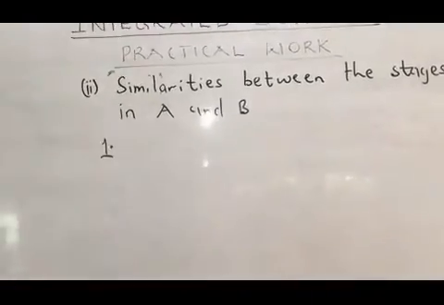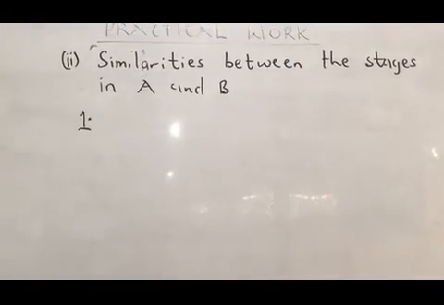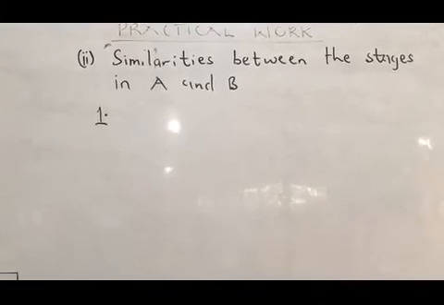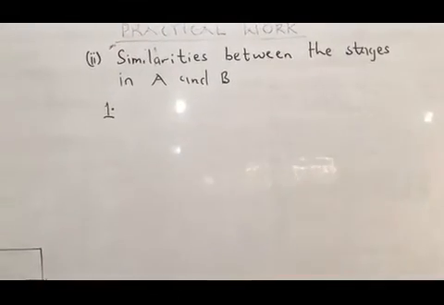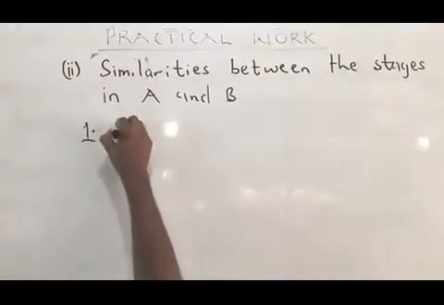So what observable feature is present in A and also present in B? So both have cotyledons or presence of cotyledons.